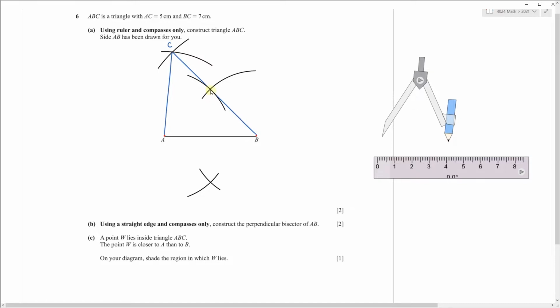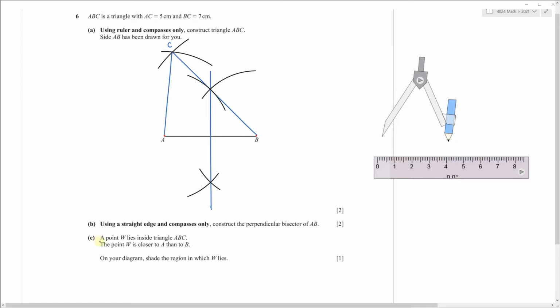So if I join these 2 points that are formed by the intersection of these arcs and these arcs through a straight line, this will give me my perpendicular line bisector of line AB. So let's join these two with a straight line like this. So this is my perpendicular line bisector of line AB.